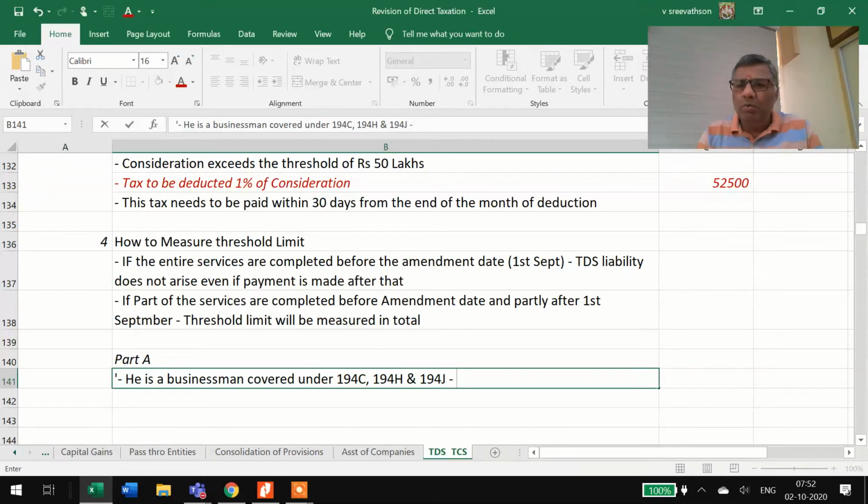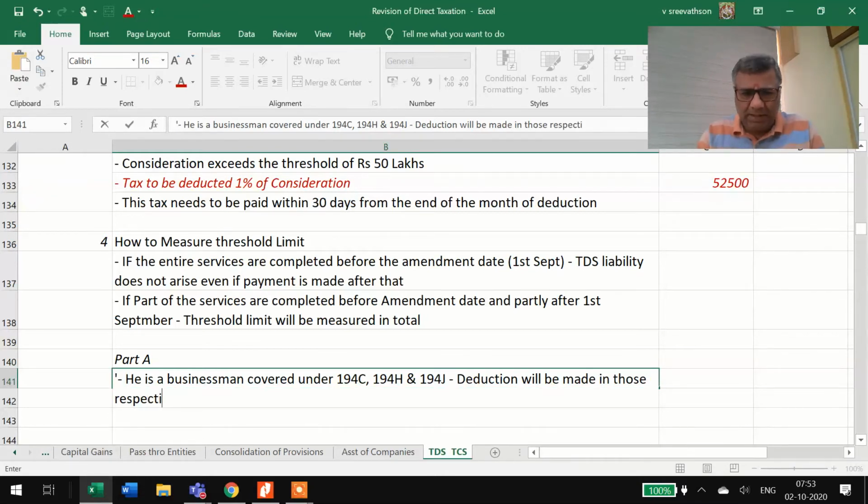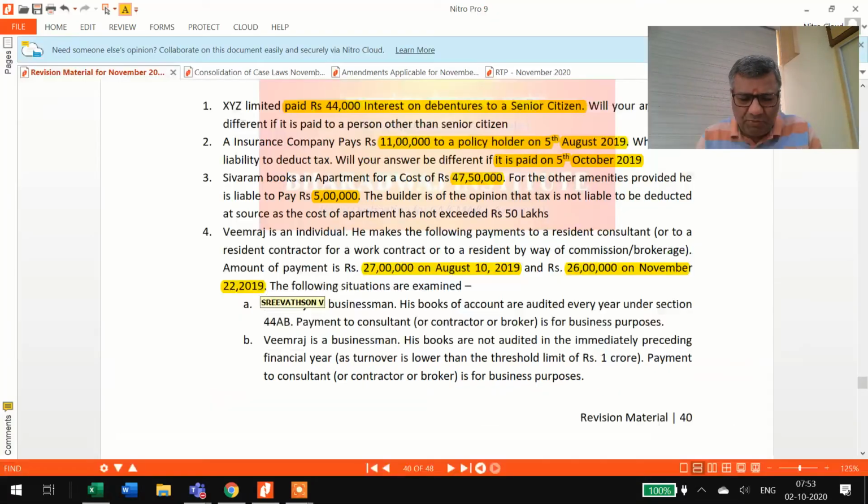Deduction will be made in those respective sections, and 194M will not be applicable. It is payment for business. The payment is for business purposes, so it is covered there. I will not even be worried about it.